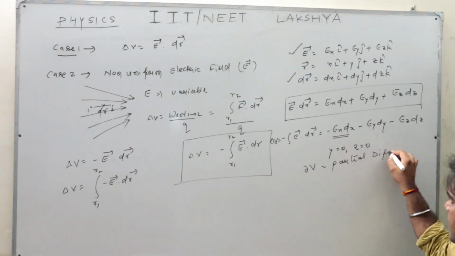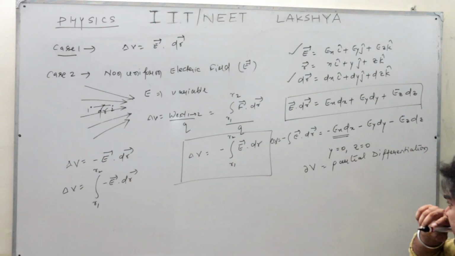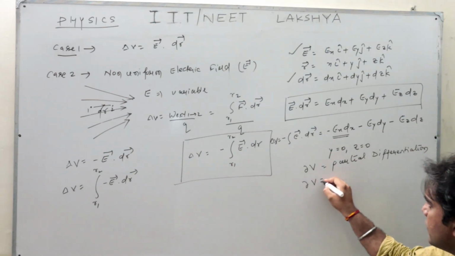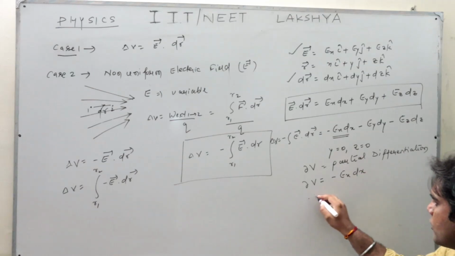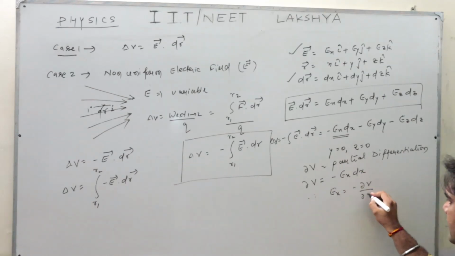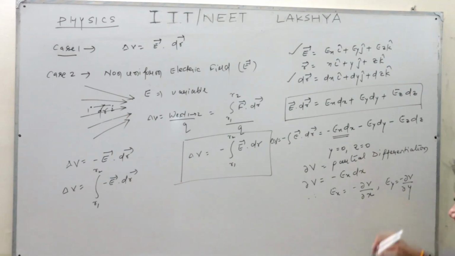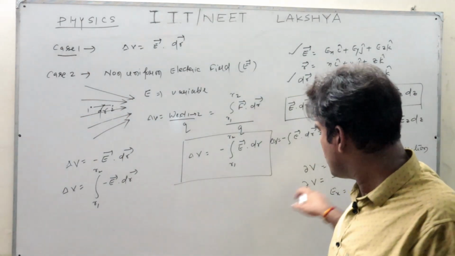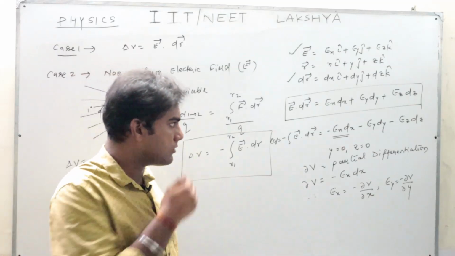So I will write del V is equal to minus Ex dx. So from here Ex will become minus del V by del x. Similarly Ey will become minus del V by del y, and similarly your Ez. So if you want to write in terms of partial derivatives, you can write like that also.